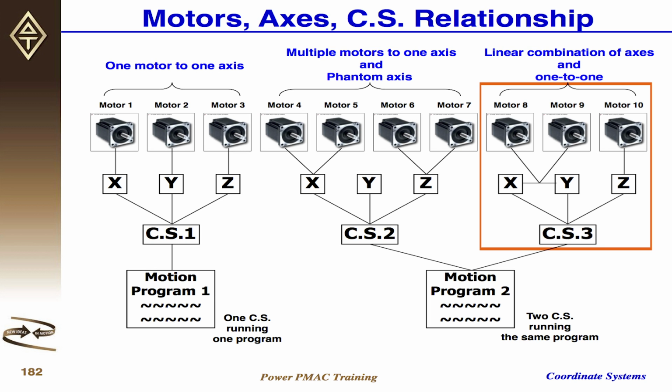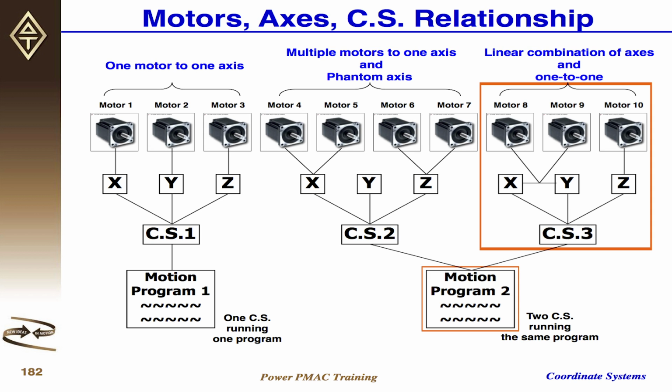If you move axes X and Y in a specific way, theoretically one or both of the motors may not move at all, but if you move either axis, you have to expect that both motors may possibly move. Now, in coordinate system 3, we are also running motion program 2.